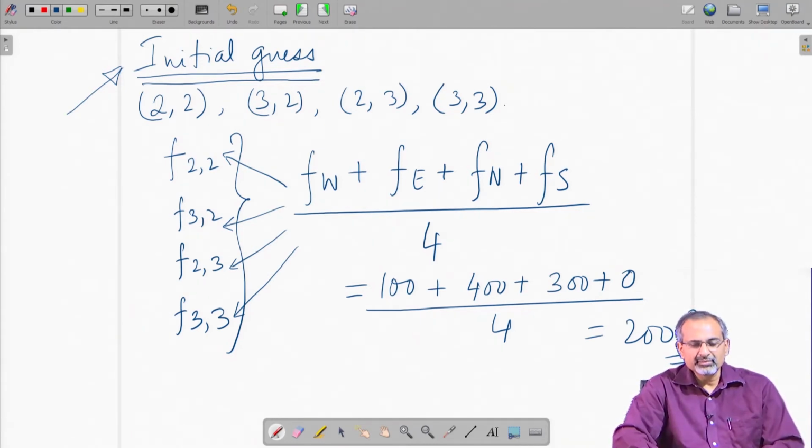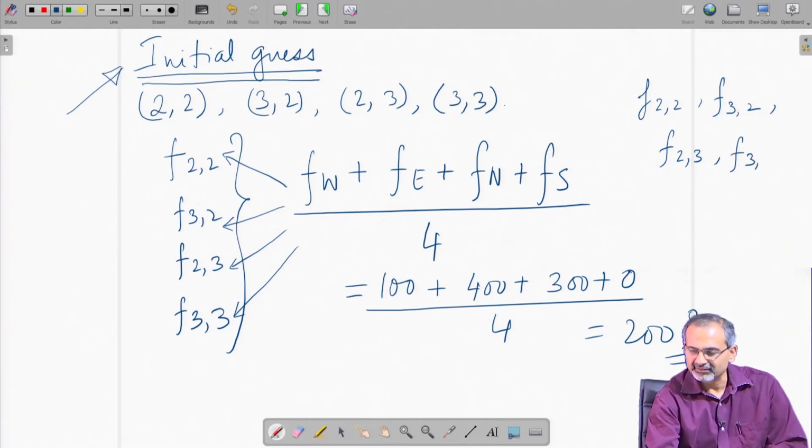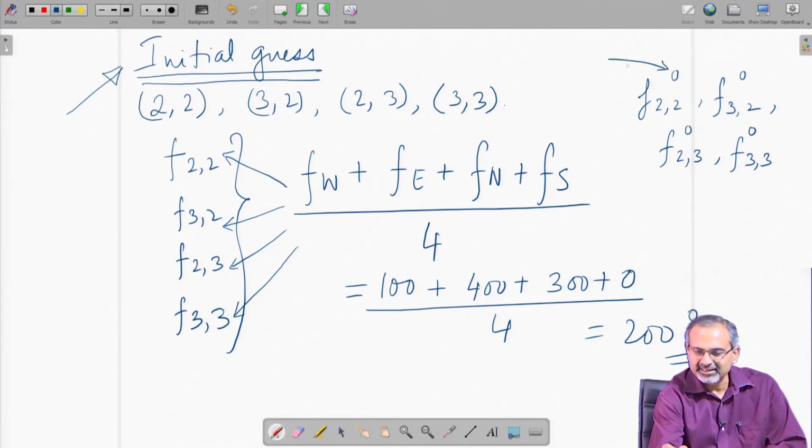So, that is where your functional values at all these grid points will get defined at the 0th iteration level. So, let us put that as superscript 0 here. What we mean by 0 is that it is essentially the initial guess that we are talking about.